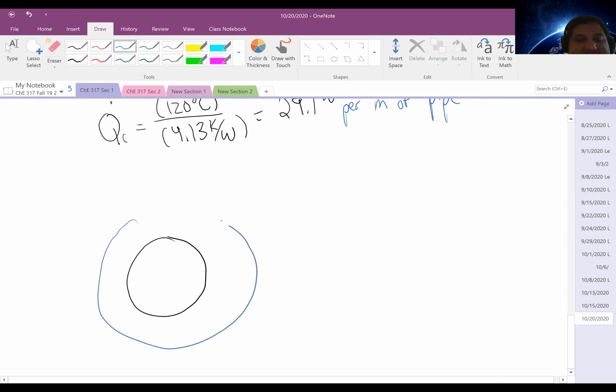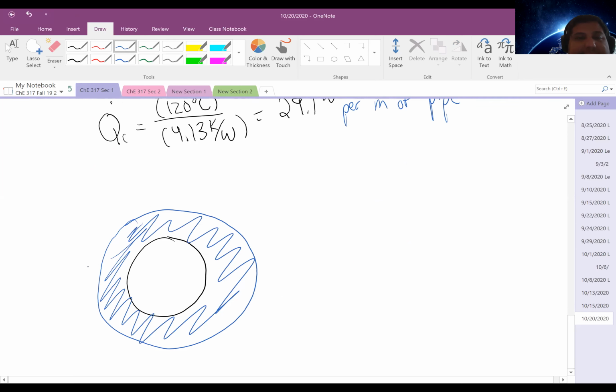One last thing I do want to note in terms of heat transfer rates via cylinders is if I look at a system, let's say it's a pipe and I've got insulation here in blue. The insulation is going to reduce my heat transfer rate via conduction, right? Because I'm adding a thicker layer for heat transfer.